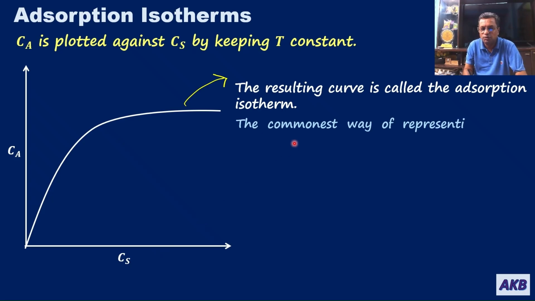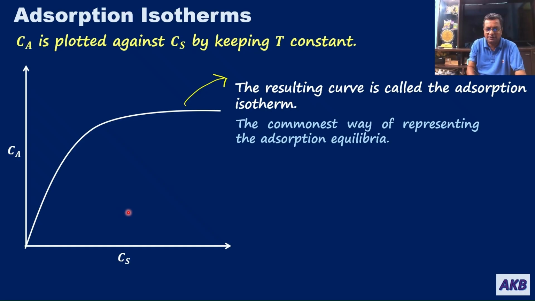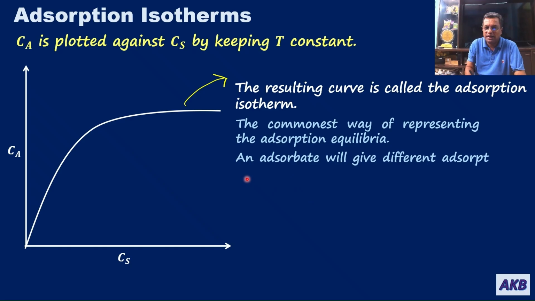What you can note is that this particular way of representing adsorption equilibria is the commonest way of representing equilibria. So adsorption isotherms are the commonest means of representing adsorption equilibria. A particular adsorbate will give different adsorption isotherms on different adsorbents.